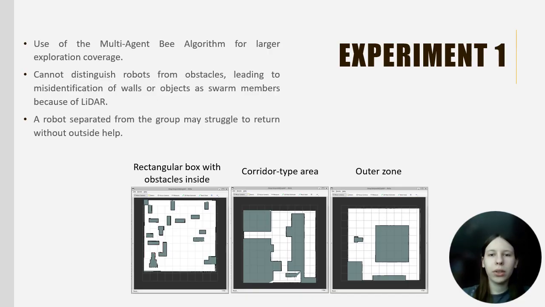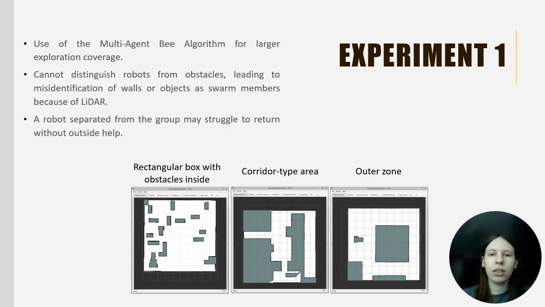Several experiments were conducted with the robot system on different types of maps, scaling the number of robots used to build a map of an unknown area. Experiment 1 involves the use of the multi-agent bee algorithm, which allows scout robots to be used to cover a larger area for exploration.